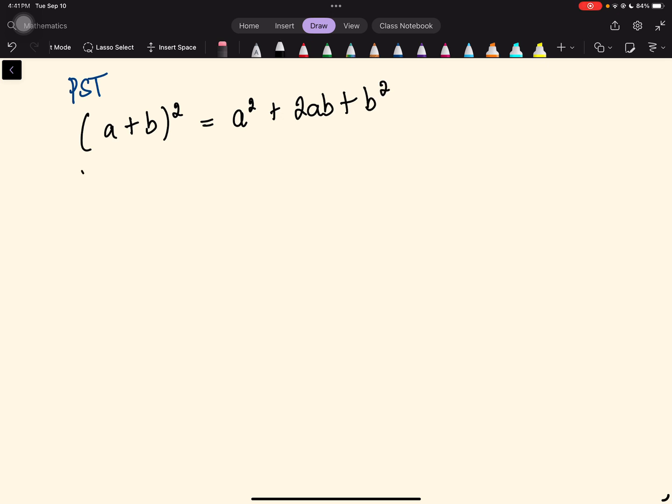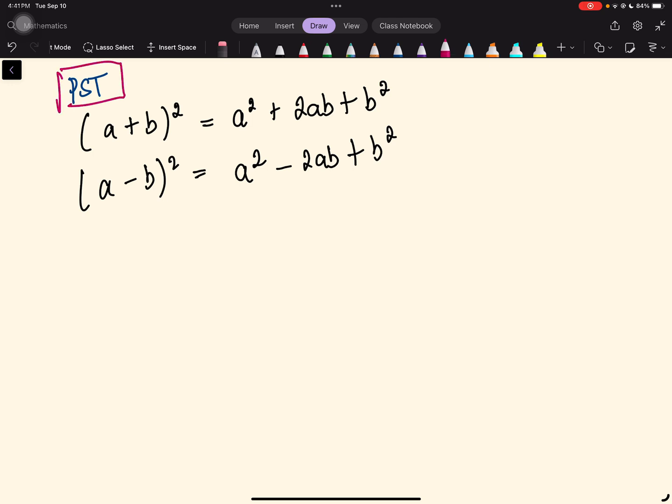It goes the same way for this: a squared minus 2ab plus b squared. Okay? So those are your PST, or what we call perfect square trinomial. Guys, pay attention to this because we're gonna use this in the next problem.